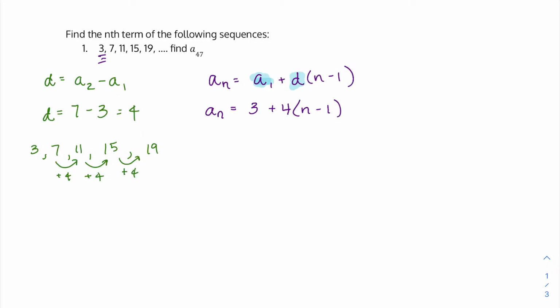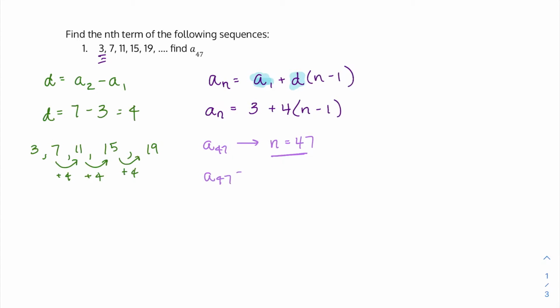So now if I want to find a_47, that tells me I'm looking for the 47th term. Remember, n is your position in the sequence, so I'm looking for the value of the term in the 47th position. To find that value, I need to input n into my equation.